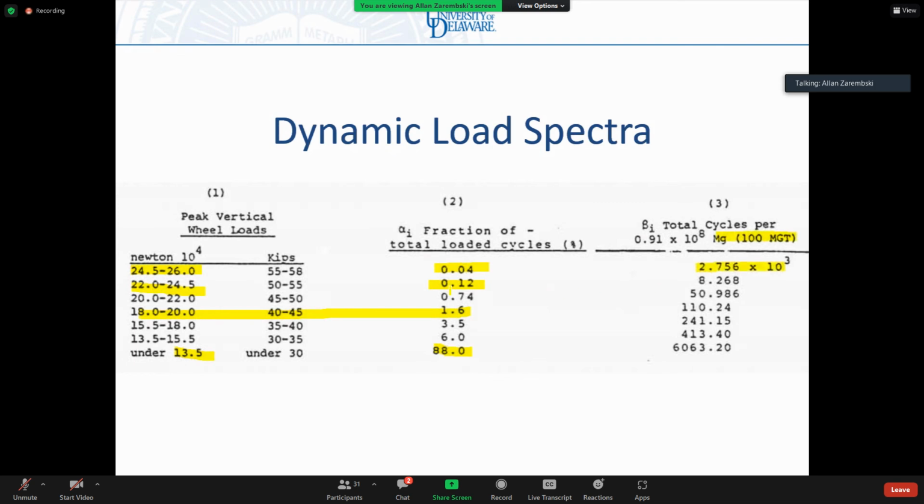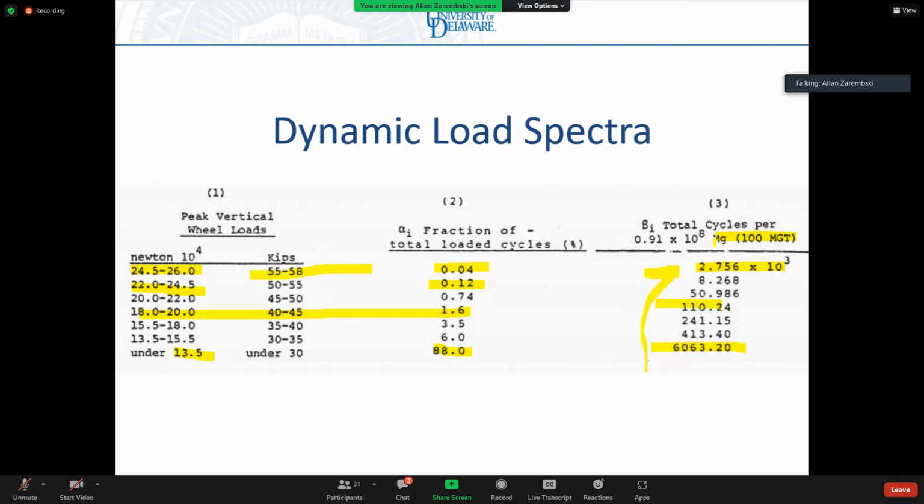So what this says is that under 100 million gross tons of traffic, I have about 2,700 load cycles of this type, 110,000 load cycles of this type, and 6 million load cycles of this type. Your initial reaction is, well, these are the dominant ones. Why do I care about these few load cycles?